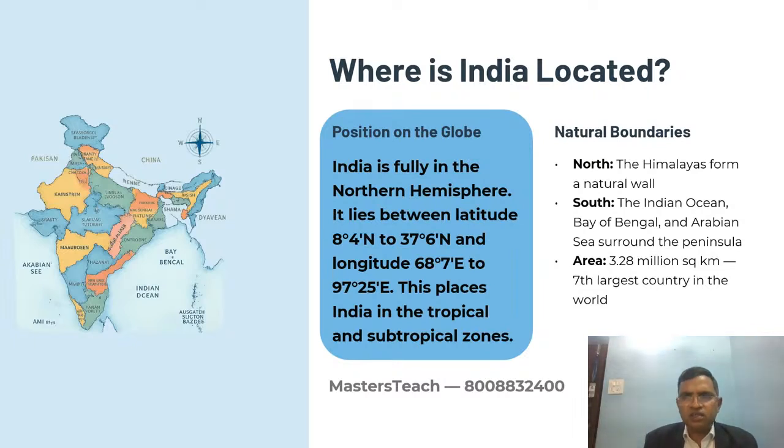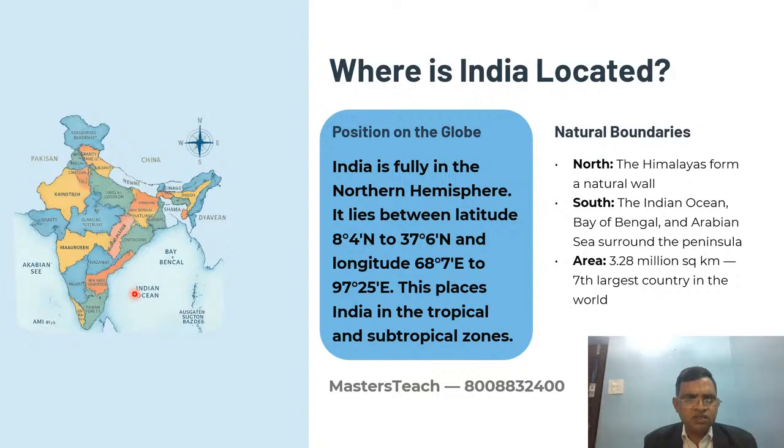In the north, the Himalayas form a natural wall. I'll show with this particular pointer. In the north we have the Himalayas, a natural wall, and in the south we have the Indian Ocean, as well as the Arabian Sea and the Bay of Bengal.